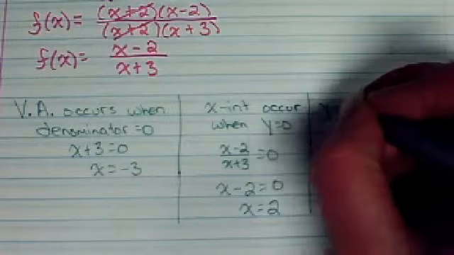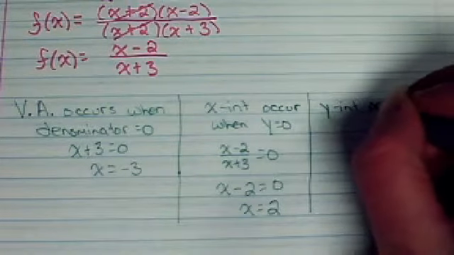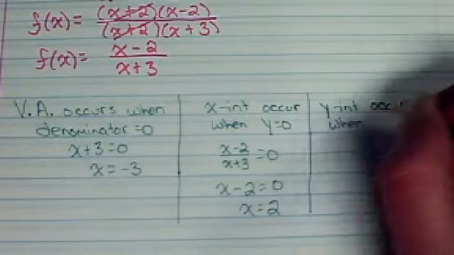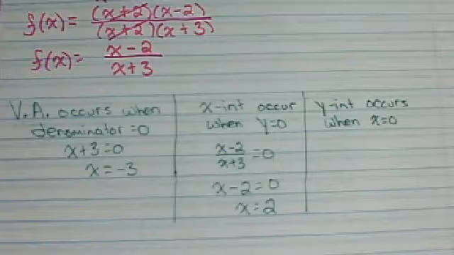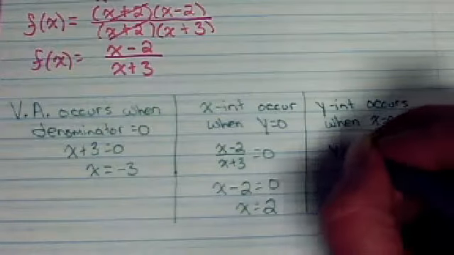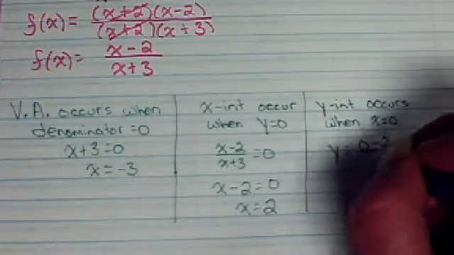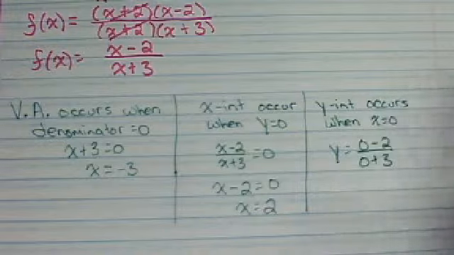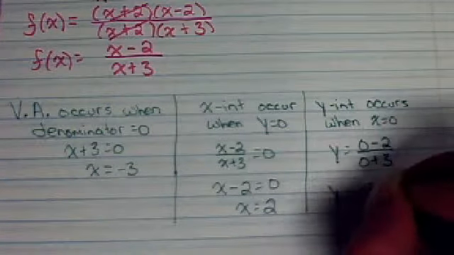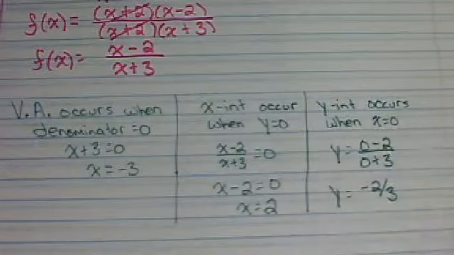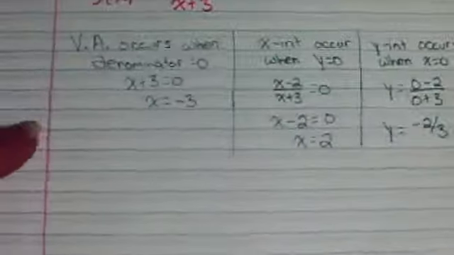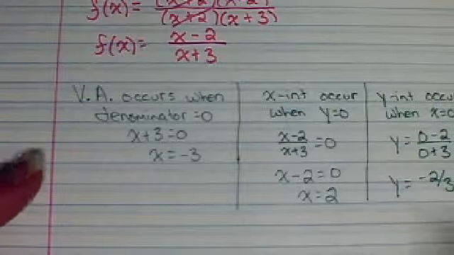Our y-intercept occurs when x is 0. So that one's super easy. We're just going to plug in zeros for all our x's. And we get negative 2/3. There was a last thing we talked about, and that was a horizontal asymptote.